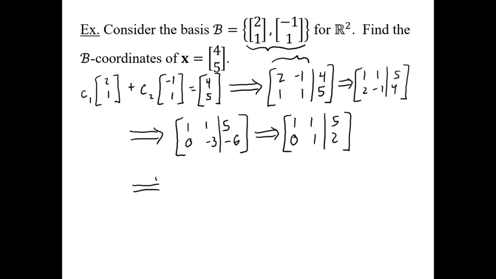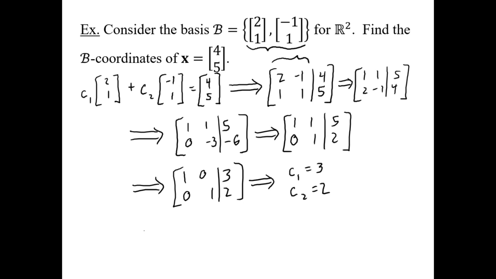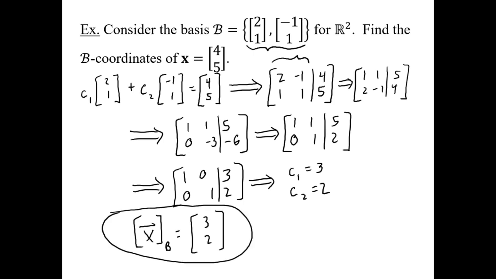And then if I subtract the two rows, I get 1, 0, 3, 0, 1, 2. And so I'm finding that C1 is equal to 3, C2 is equal to 2, or expressed a different way, the B coordinates of x can be written as 3, 2. There we go.